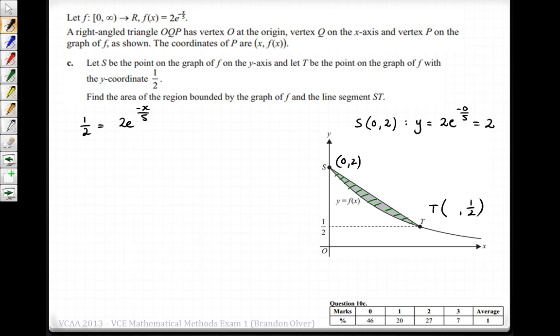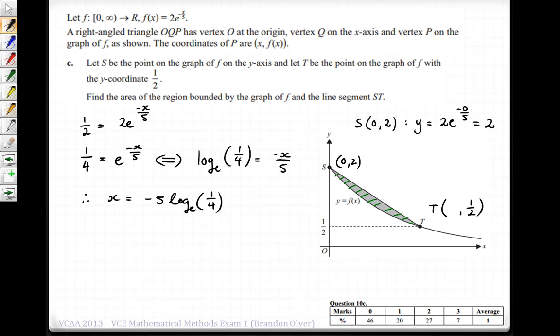And that'll give us the coordinate of T. So if we divide both sides by 2, we get a quarter equals e to the negative x on 5, and then we can take an equivalent log statement of that. So we get log e of a quarter equals negative x on 5. So therefore we can say x equals, multiply both sides by negative 5, log e of a quarter.